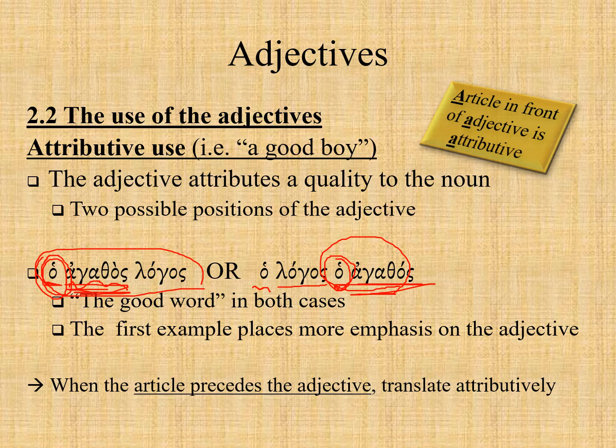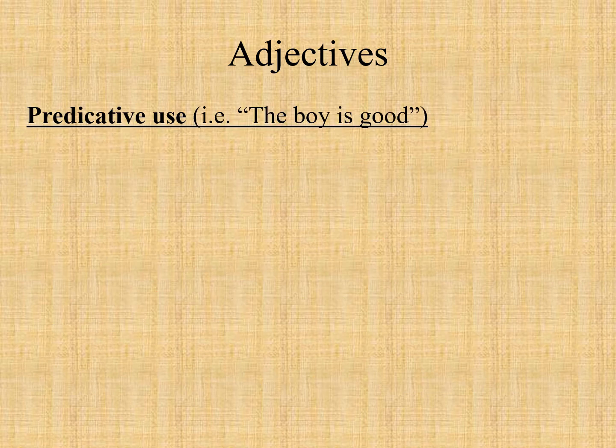So the agathos is attributing the quality of goodness to the word. And just because the noun here is before the adjective makes no difference. Both are to be translated as the good word. So that was the attributive usage of the adjective.